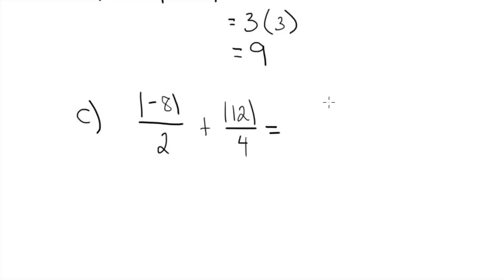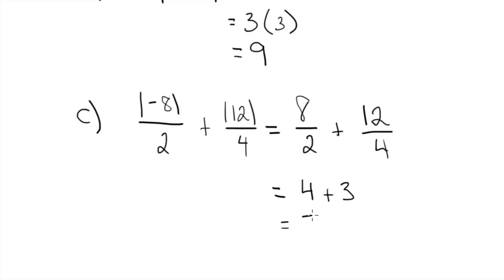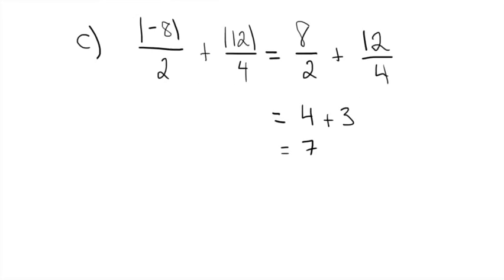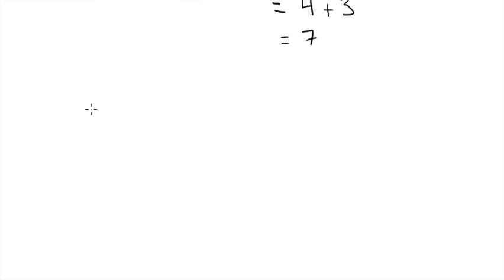The absolute value of 8 is 8 over 2, plus the absolute value of 12, that's an easy one, 12 over 4. Now just like you would a normal expression, 8 divided by 2 is 4, plus 12 divided by 4 is 3, equals 7. And let's just do one more.